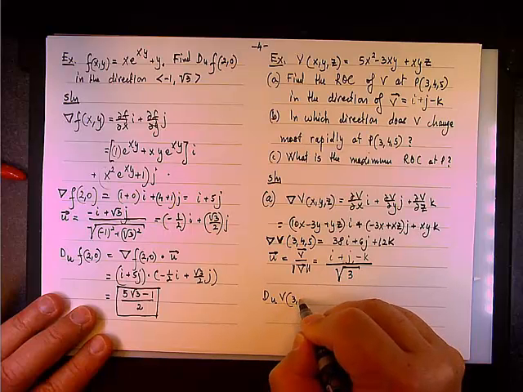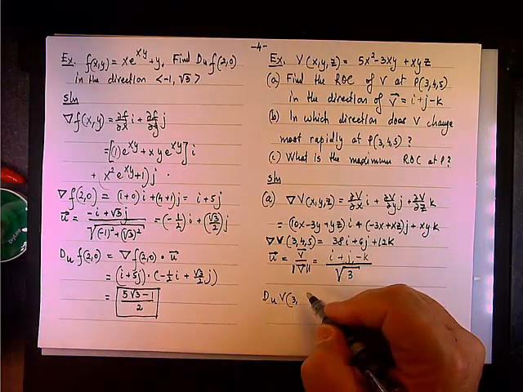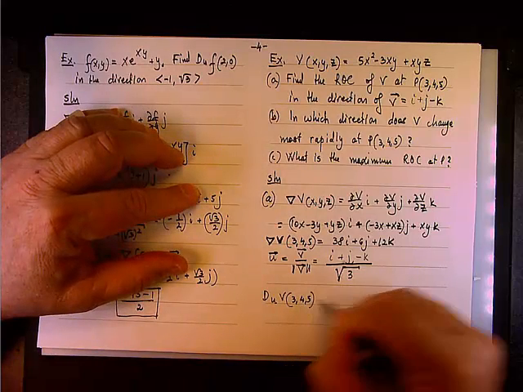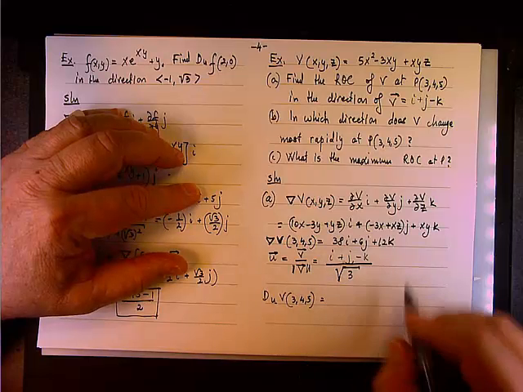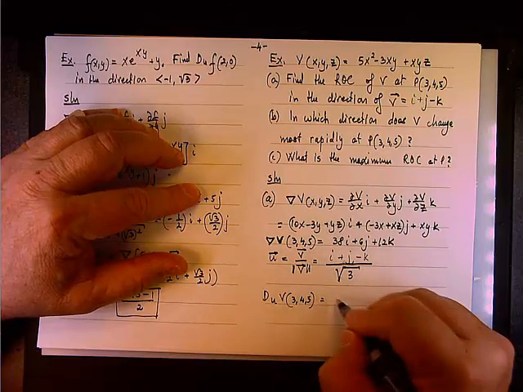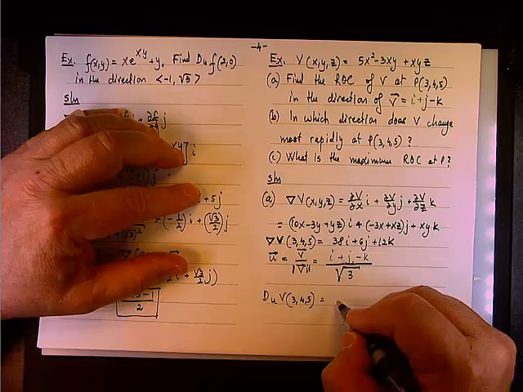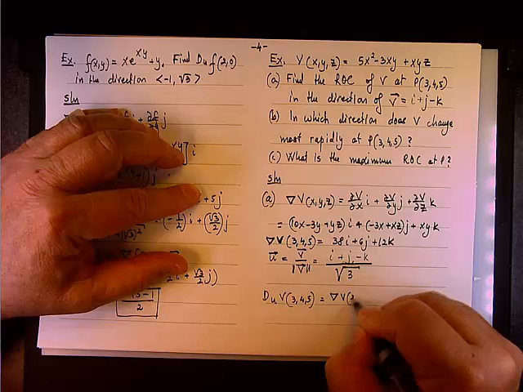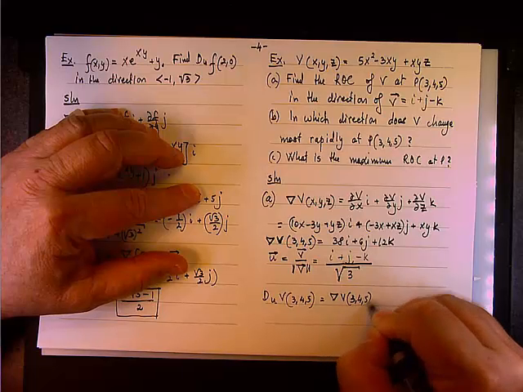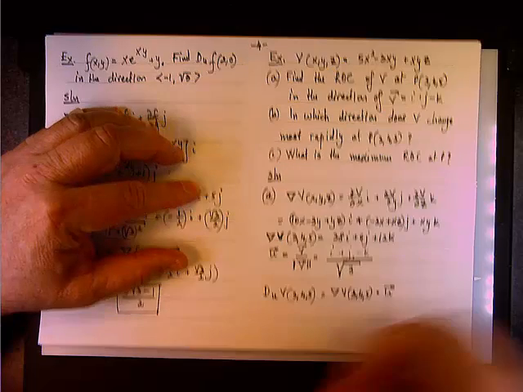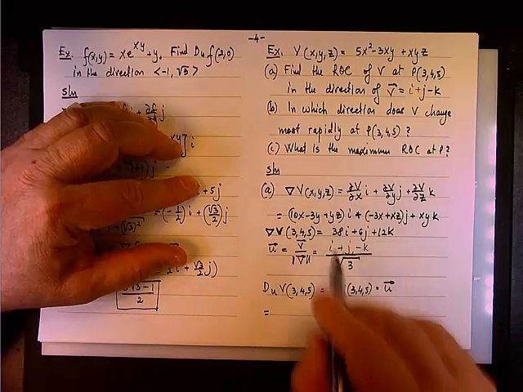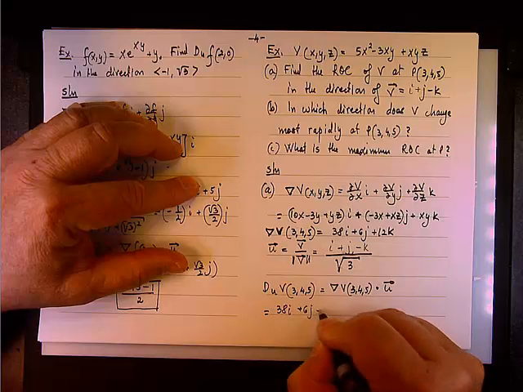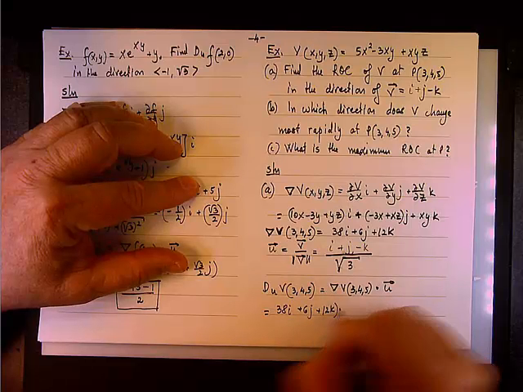So now we do the dot product, and you're going to say that the directional derivative at 3, 4, 5 is del v at 3, 4, 5 dot u.